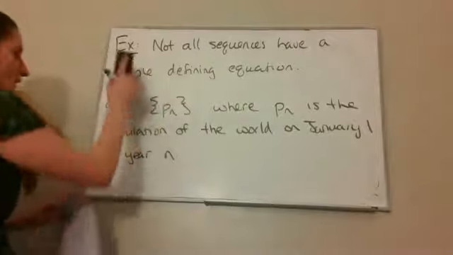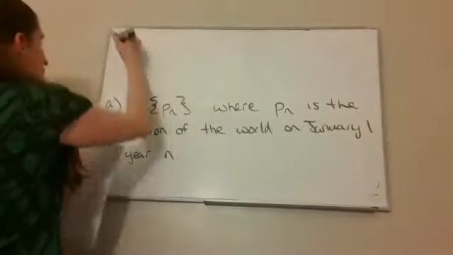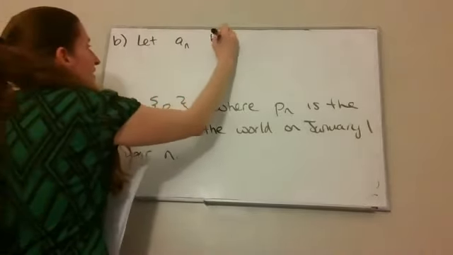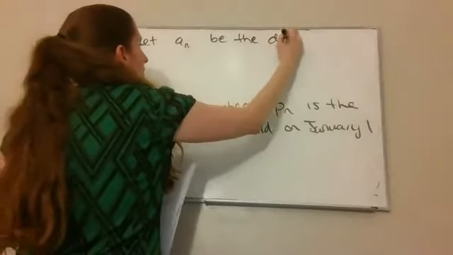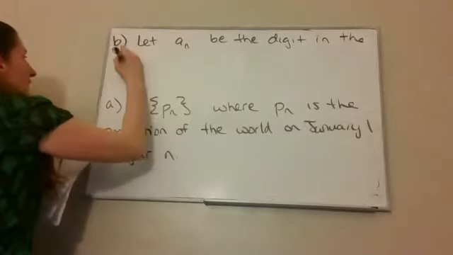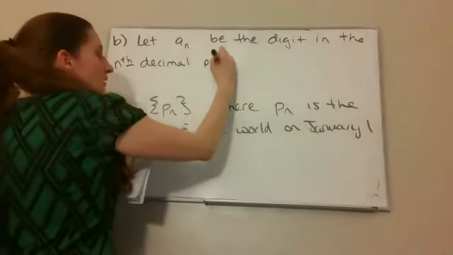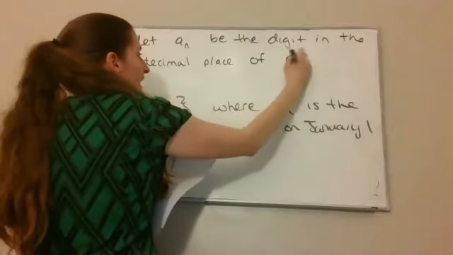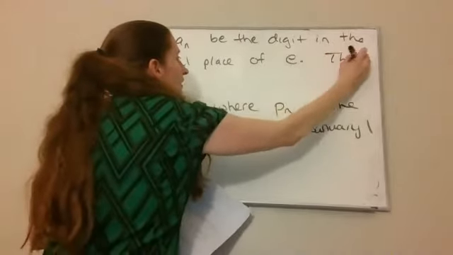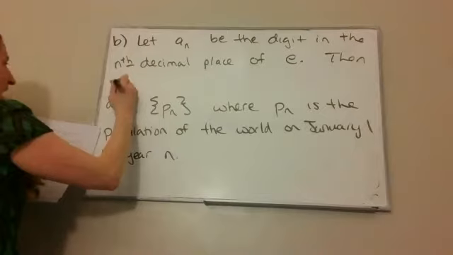Another example of a sequence that doesn't have a nice, simple defining equation is we could let a_n be the digit in the nth decimal place of the number e. We know e is a nice irrational number.